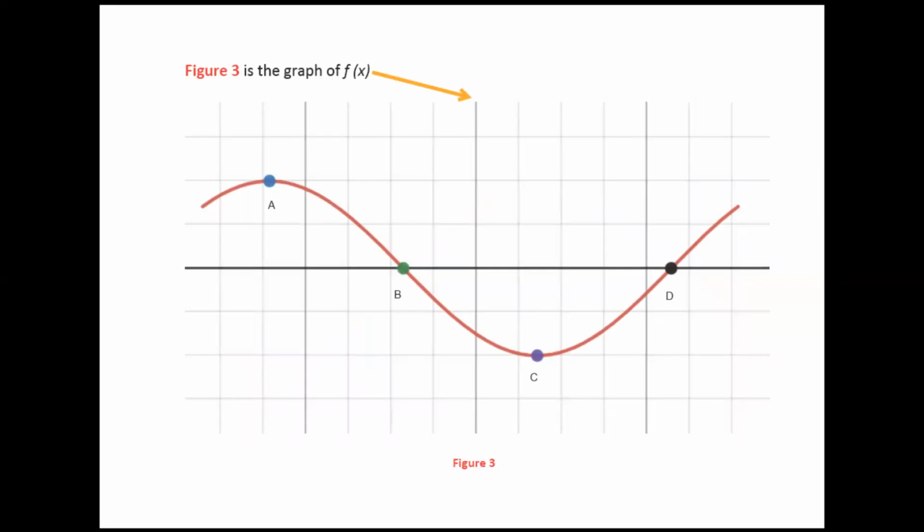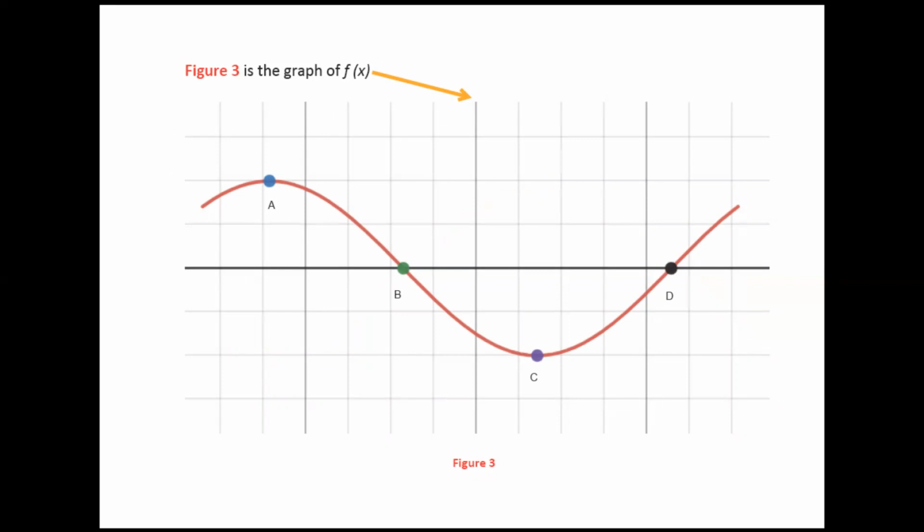Now, what you see here called figure 3, this is the original function. In other words, what we did is we took a function and then we graphed its derivative, and we showed you that in figure 1, and then we graphed its second derivative, and we showed you that in figure 2.